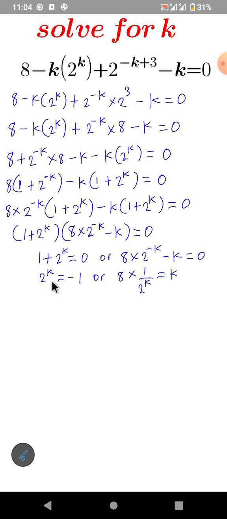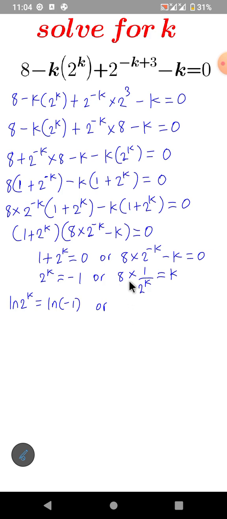Then from this expression here, I'm going to take the ln of both sides. So we have ln 2 raised to the power of k is equal to ln open bracket minus 1. Or from here, I'm going to cross multiply. This 2 raised to the power of k is going to multiply k.